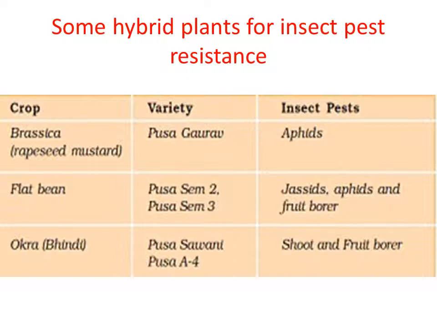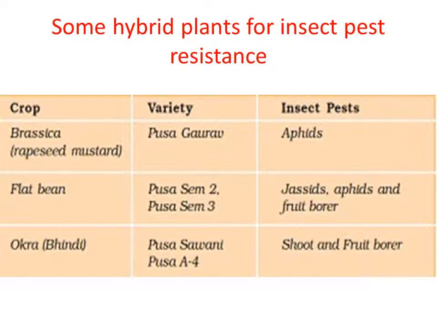You can see three columns. In the first column they have given the different kinds of crops, in the second column the improved variety raised by the plant breeding technique, and in the third column the insect pest. So with respect to this insect and pest, they have raised the improved variety of crop.